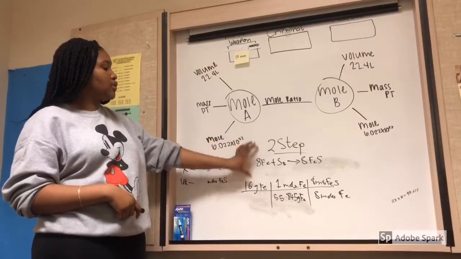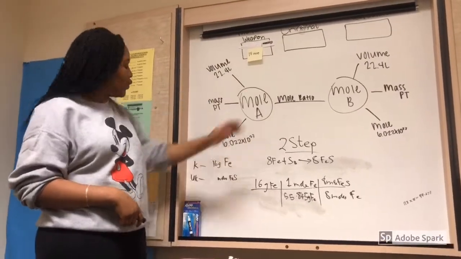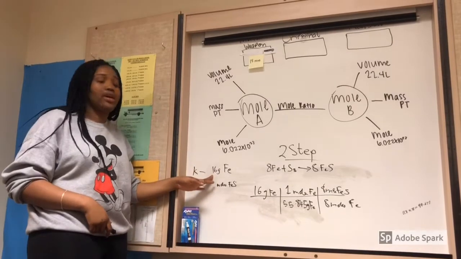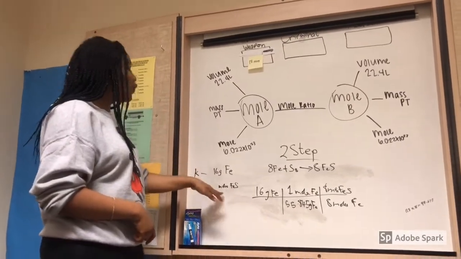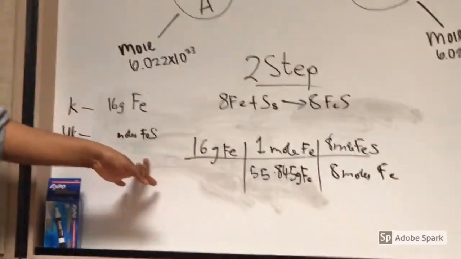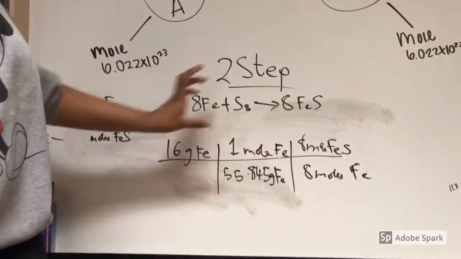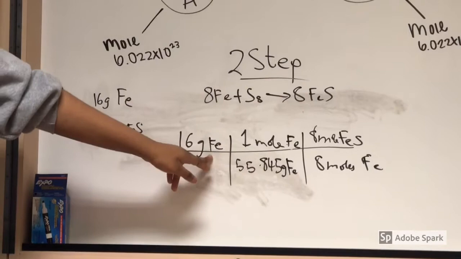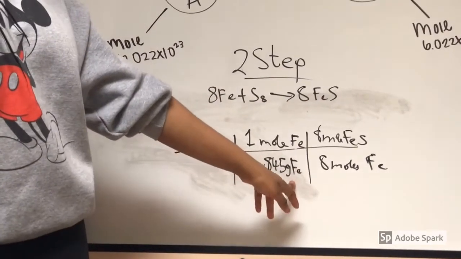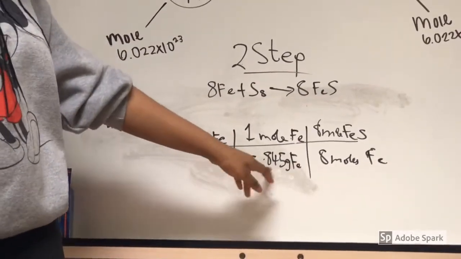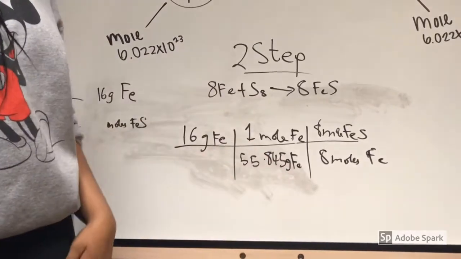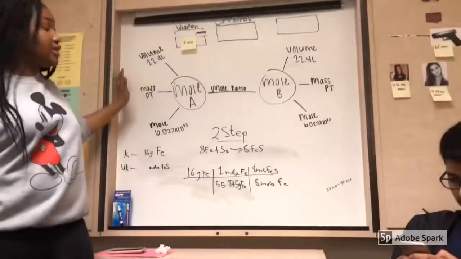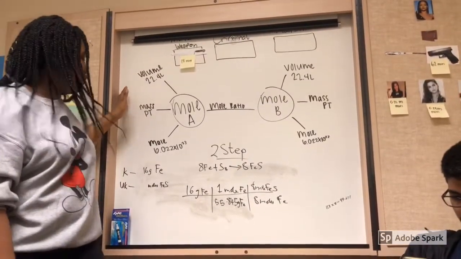I'm going to use the 2 steps to solve who the criminal is. We have our known, which is 16 grams of Fe, and our unknown, which is moles of FeS. We have our equation right here, and our solution is already set up. So first thing we're going to put is grams of Fe, and across from that we also have to have the same thing, which is grams of Fe, which is 55.845. This could be found in the periodic table. The mole map is what we use to solve for that.